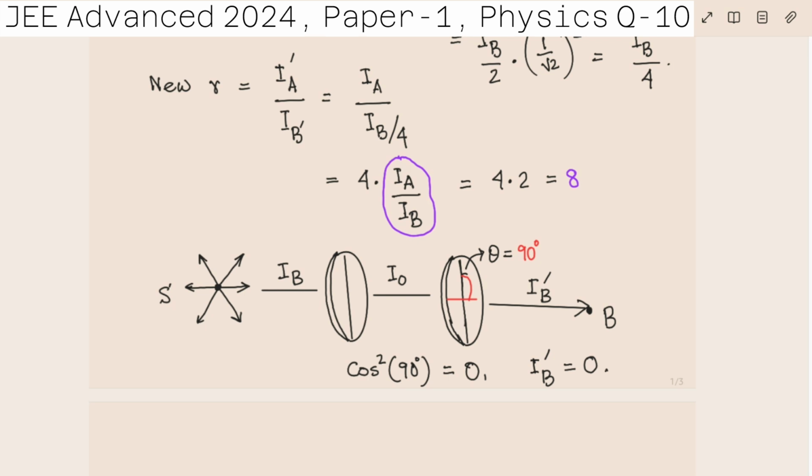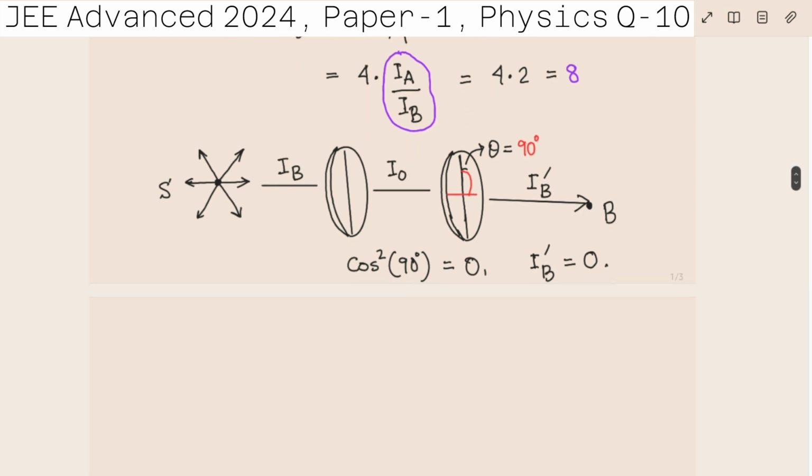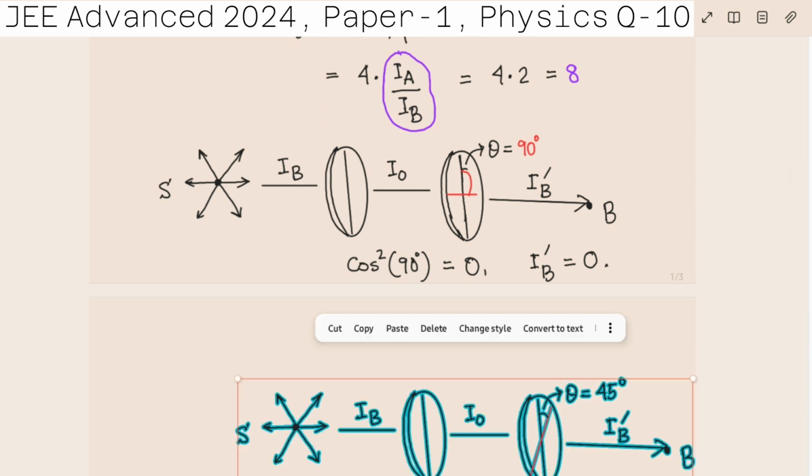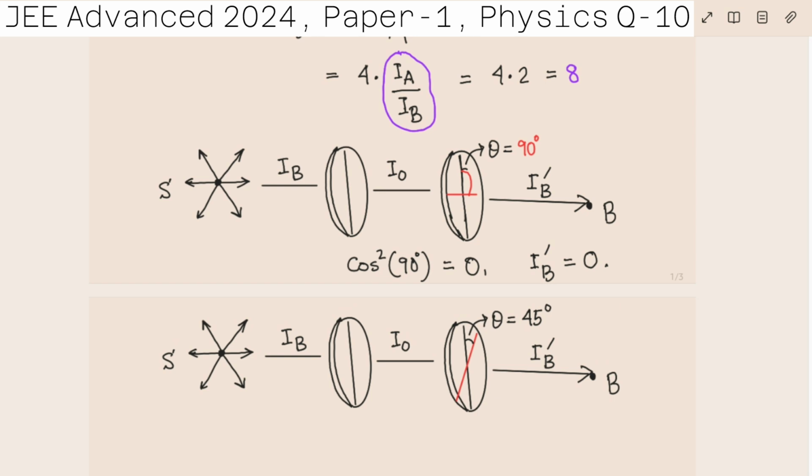Very good. Just to think about a bit more, let's say that instead of two polarizers, you are using a third one. Let's set up the same setup. Initially, the first one does the usual polarization.